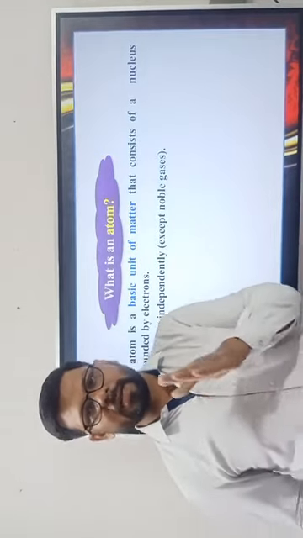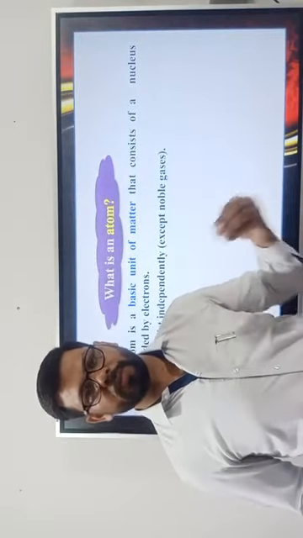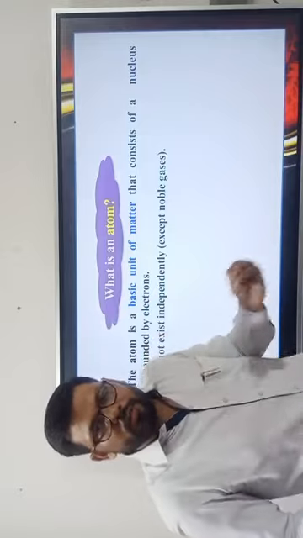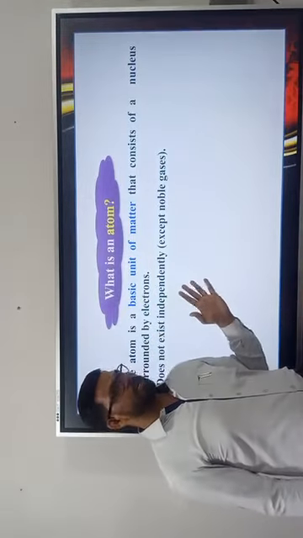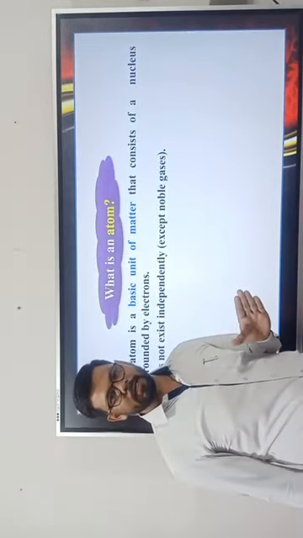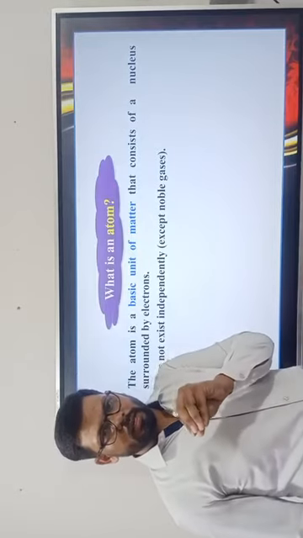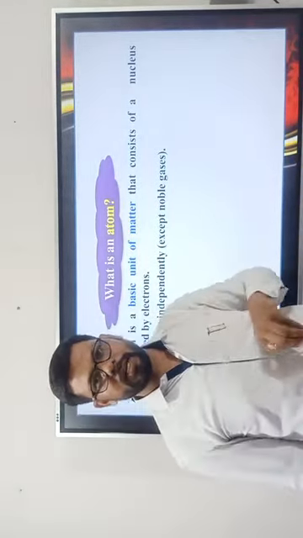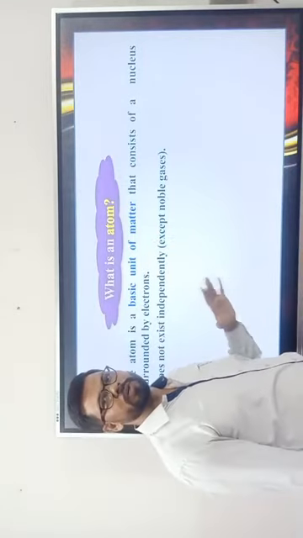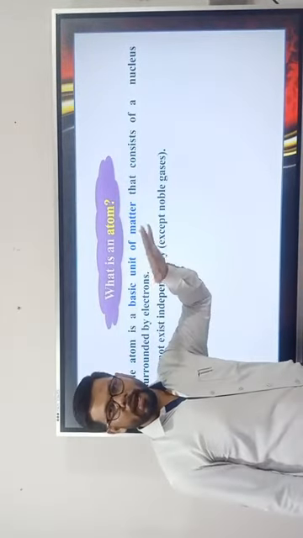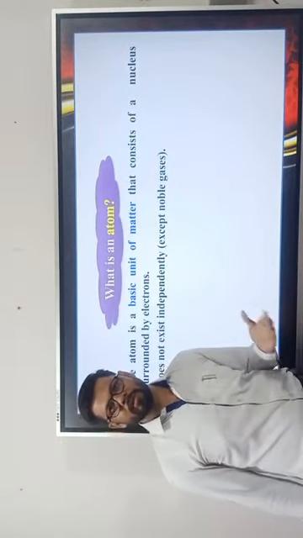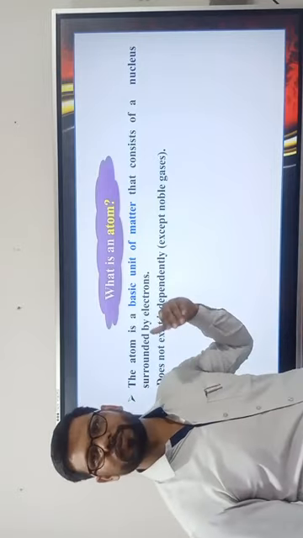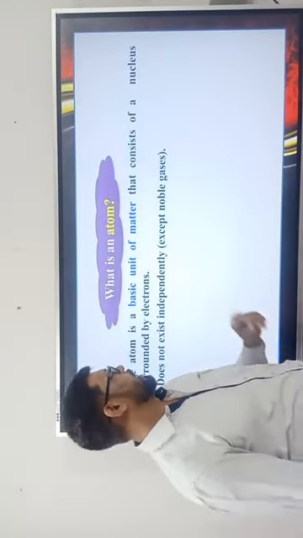Because atoms without a complete octet or duplet are not at all stable, and therefore they do not exist independently. They combine with another element, or they either donate electrons, gain electrons or share electrons in order to complete their octet, and in order to acquire the electronic configuration of the nearest noble gas.